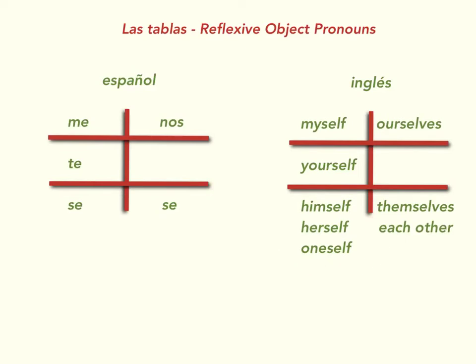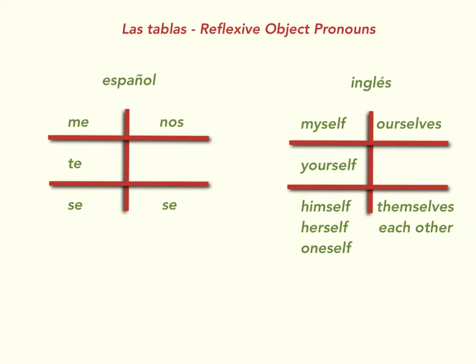And we want to be able to clarify so we know who we're talking about, since that could be either himself, herself, or oneself, that we make sure we include our pronouns that we're familiar with, like él and ella, before our verb. We'll get into that here in just a moment. We have nos. Nos refers to ourselves, so if we are doing something to ourselves. And finally, se, which would be themselves or each other.